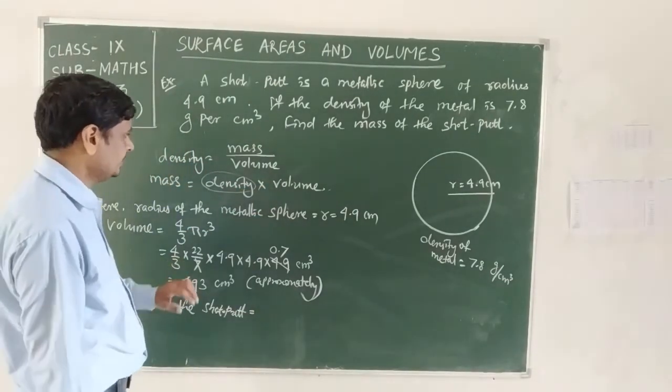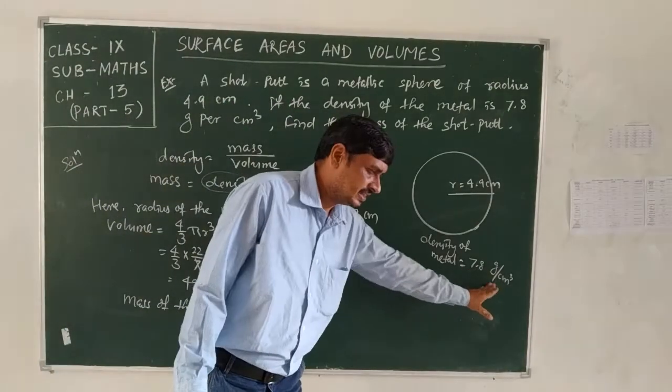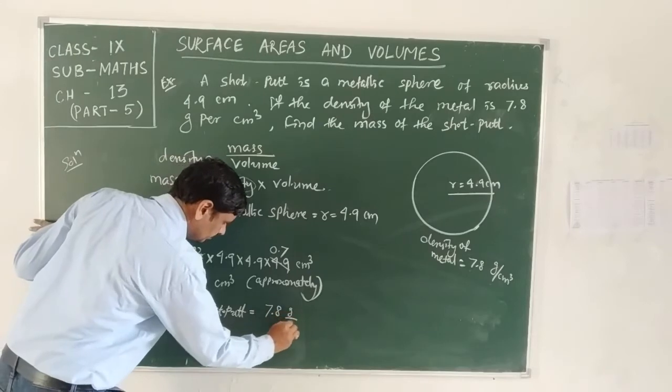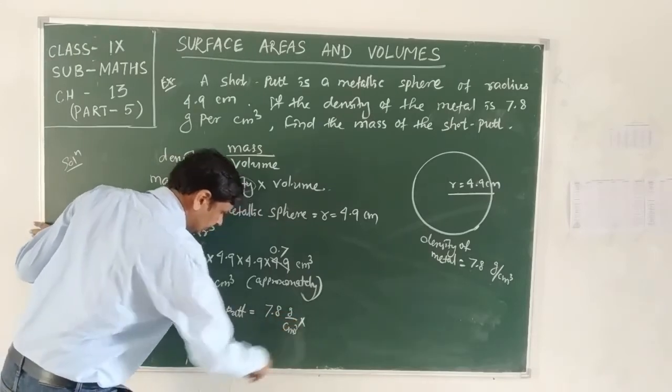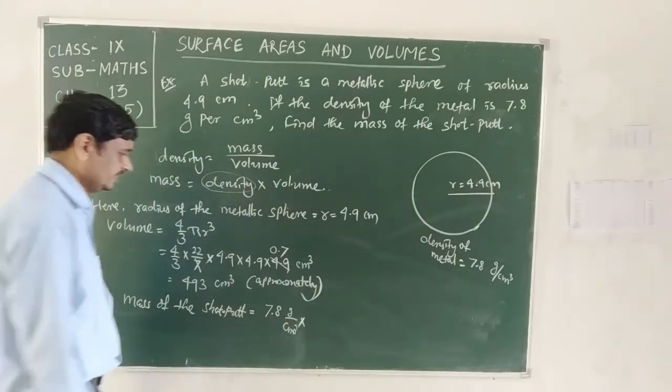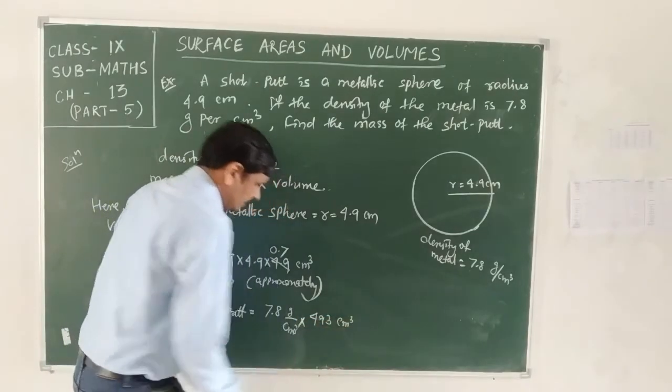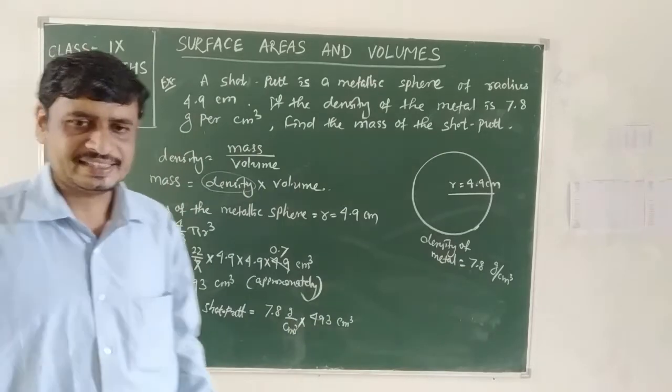Density, that is given as 7.8 gram per cm cube, into volume 493 cm cube. cm cube will be cancelled.